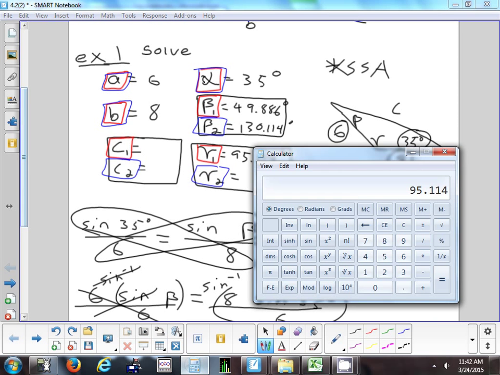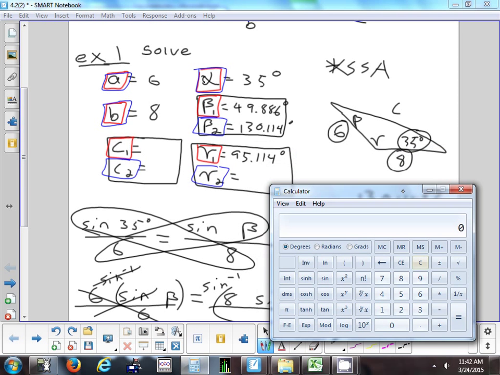Okay, now we're going to find gamma 2. Anyone think they know what two angles I would use to get gamma 2? Rosa? Would you use the 130 and the 35? Yep. Everything in blue for those angles, that's another triangle. So we got 35.